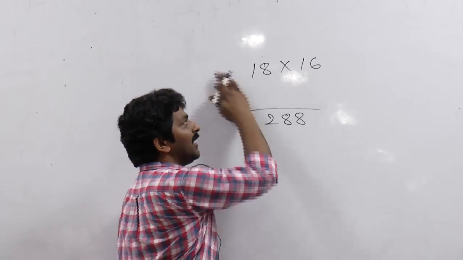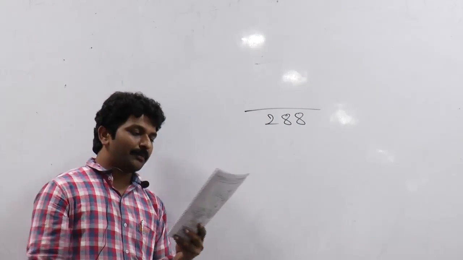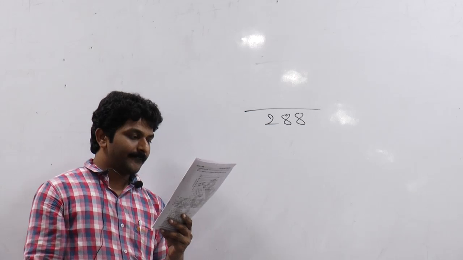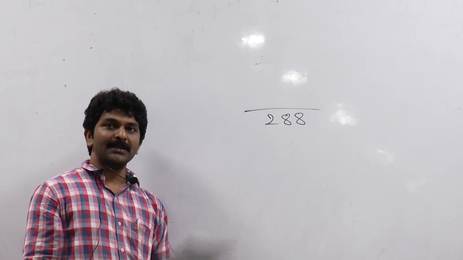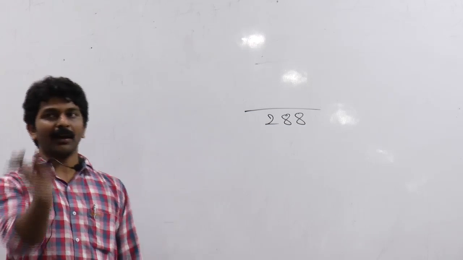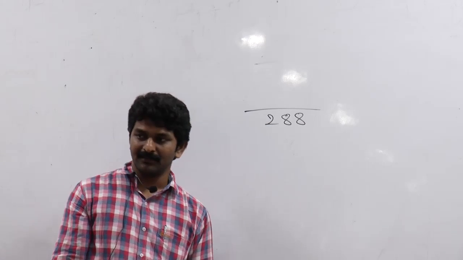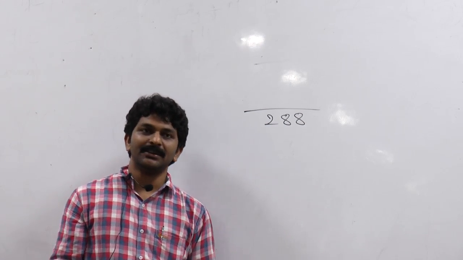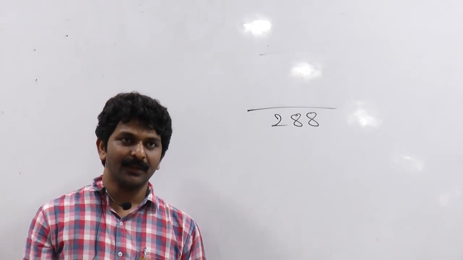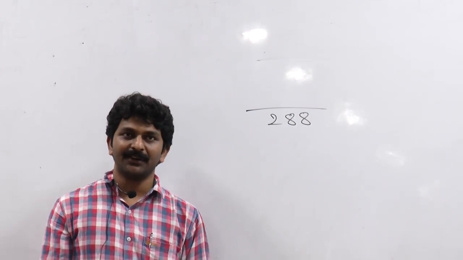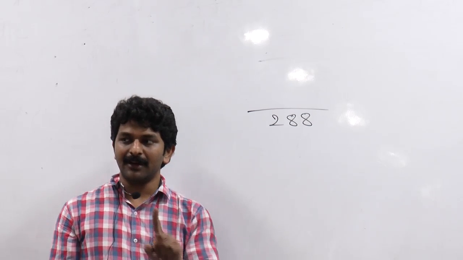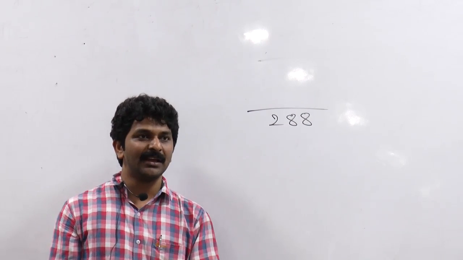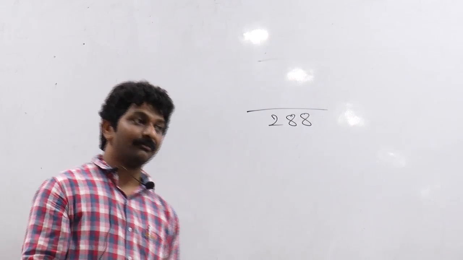Out of this you need to calculate the female percentage. What about male employees? Finance male, 19% of 900 or 900% of 19. One and the same, right? How will you get 19%? 20% minus 1%. 10% of 900 is 90, 20% is 180. 1% is 9. 180 minus 9, 171.